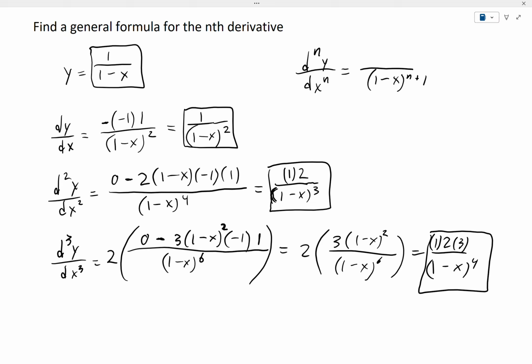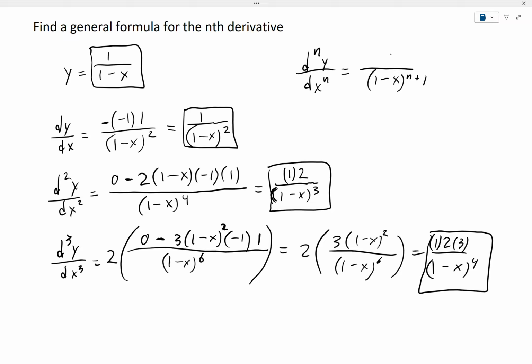And if we were to continue going and taking higher derivatives, you would notice that whatever is in the numerator, like for the fourth one, whenever we take the fourth derivative, in the numerator we would end up with 1 times 2 times 3 times 4. So it would end up being 24 in the numerator. And you can see this pattern that's emerging: 1 times 2, 1 times 2 times 3, 1 times 2 times 3 times 4.